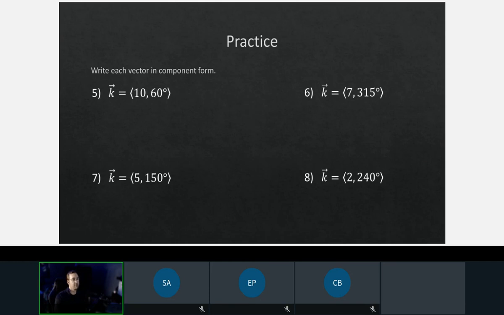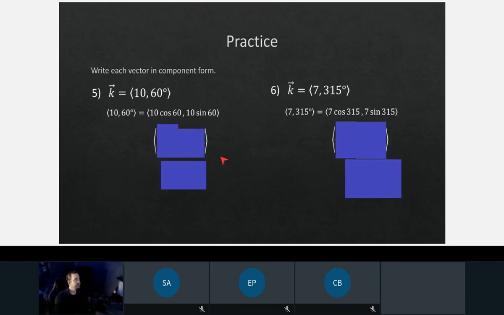So let's look at number 5. Oops. I meant to cover up that first line. Well, there's the setup. This is the magnitude and direction form of the vector, converting it back to the regular rectangular form. x comma y is magnitude times cosine theta, comma, magnitude times sine theta.